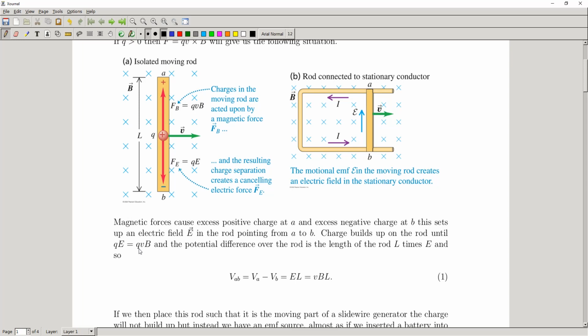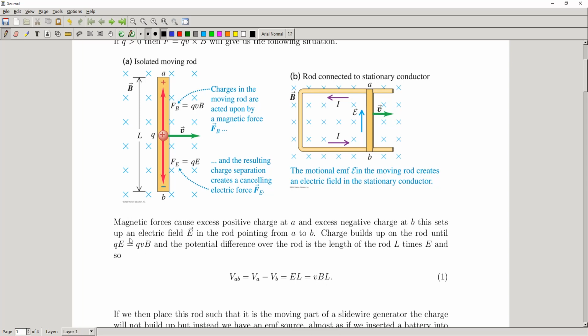This is going to be our potential difference if we multiply it by L, right? And so that's what we've done here. We have the potential difference from A to B, which is equal to the potential at A minus the potential at B, which is equal to EL, which is equal to VBL, right, from this equation here.